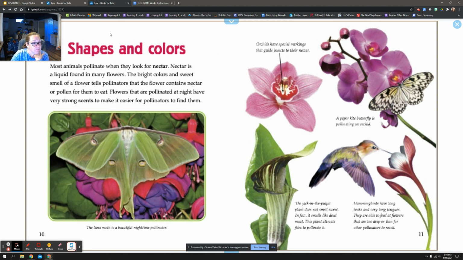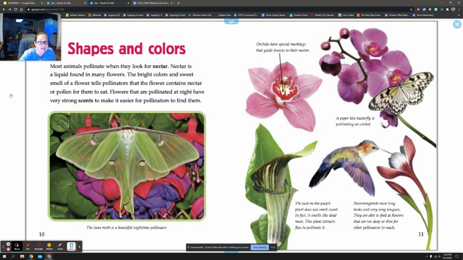Shapes and colors. Most animals pollinate when they look for nectar. Nectar is a liquid found in many flowers. The bright colors and sweet smell of a flower tells pollinators that the flower contains nectar or pollen for them to eat. That's why the flower's petals are different colors from the leaves. Those bright colors tell the pollinator that the flower has nectar for them.